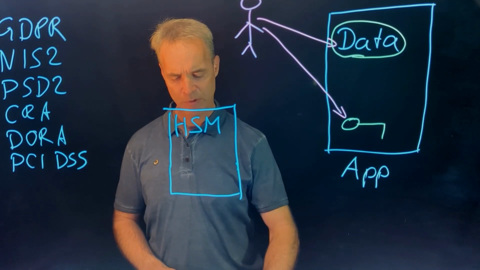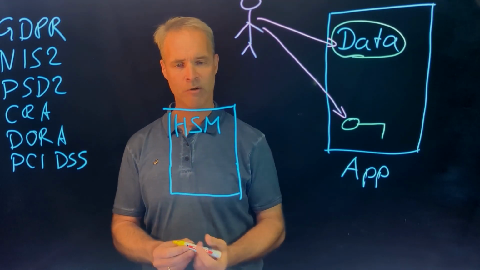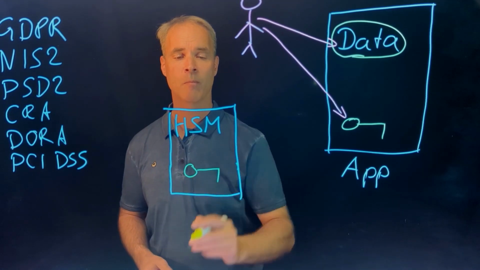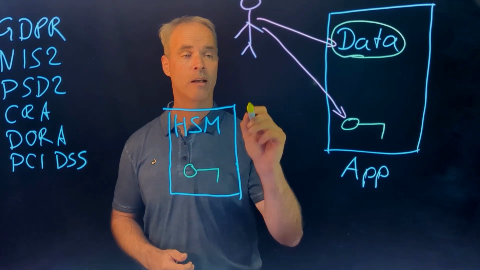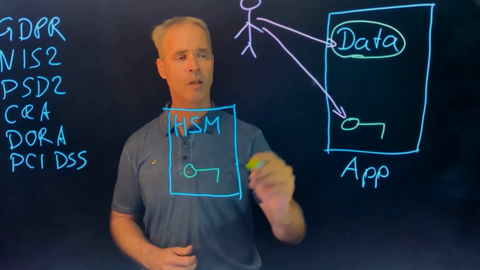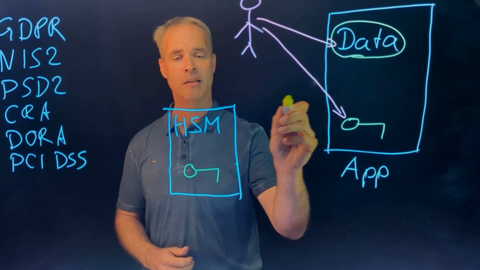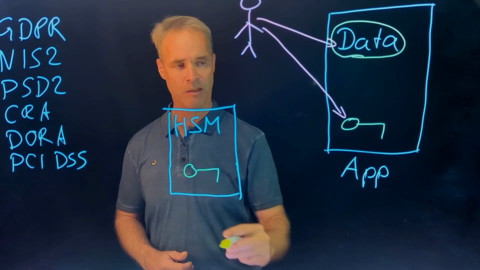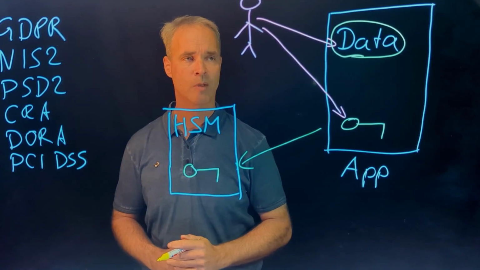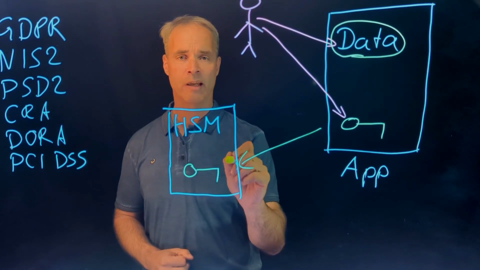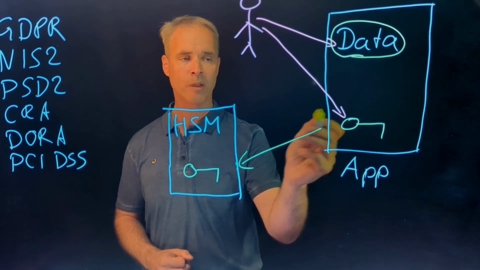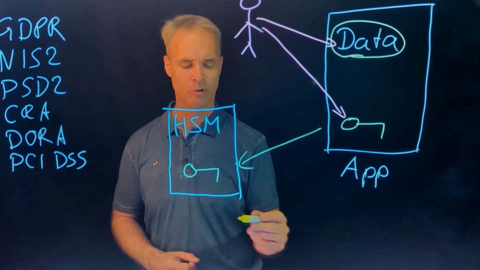So now with this new scenario, we are actually generating the key inside of the HSM, and whenever we want to encrypt data, then this data is encrypted by this key inside of the HSM. So no one is able to expose this key or export this key. Even the application is not able to do so.